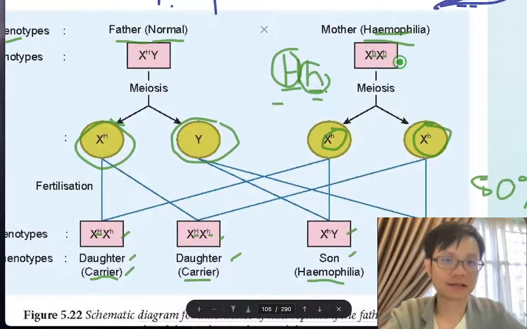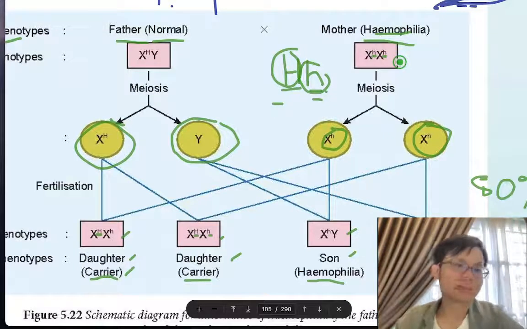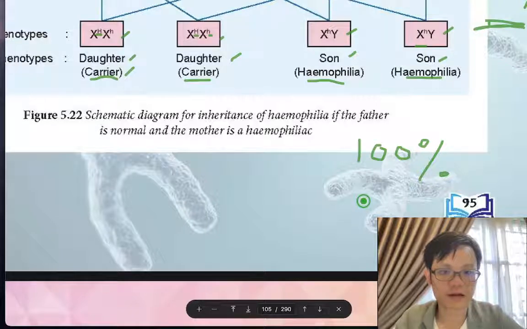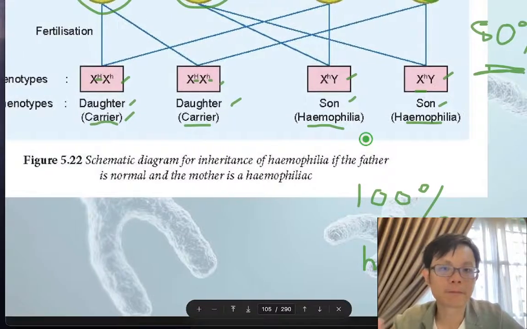So in this diagram, like mathematics we learn, I would say that 100% of the boys will have hemophilia. 100% hemophilia.